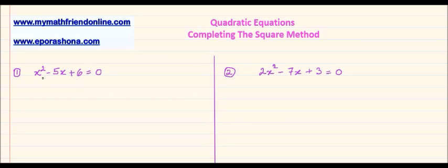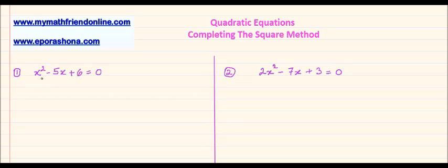Now, let us look at the very first term of both of these two sums. For the first sum, we are having the first term as x squared. It is a perfect square term. We could have had 4x squared or 9x squared or any other perfect square term. x squared is x whole square, 4x squared is 2x whole square, 9x squared is 3x whole square.